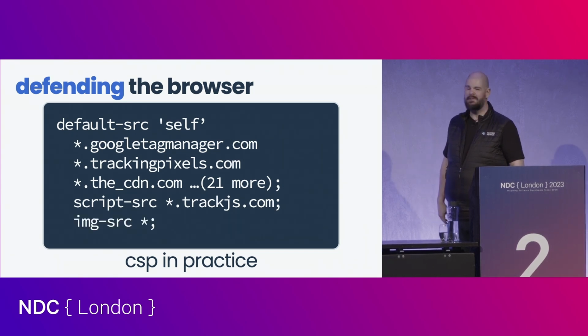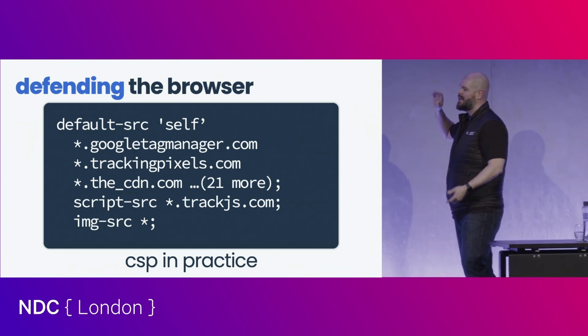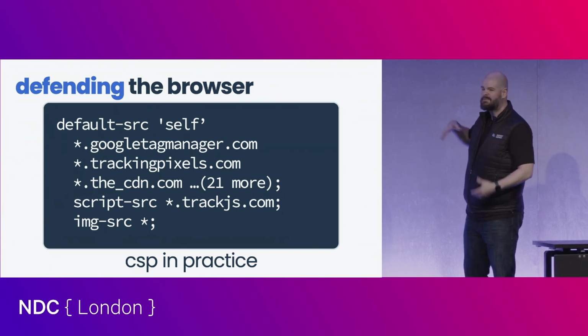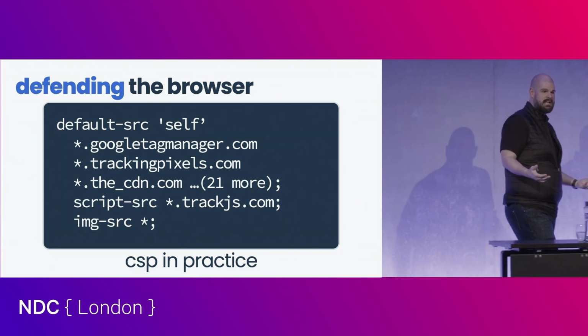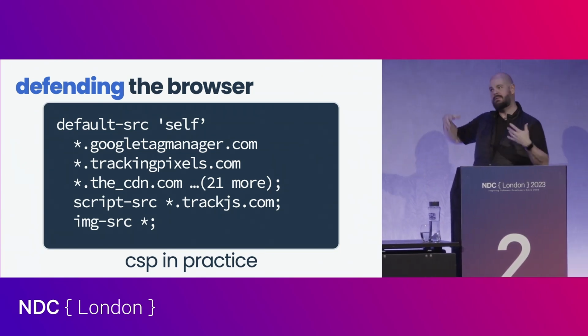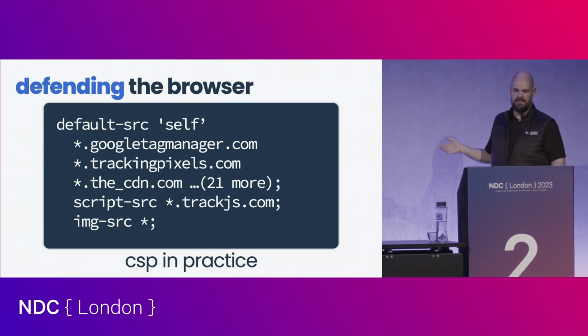Oh, and then I just want to be able to load images from anywhere. Just don't even restrict me. And by the time we're done, this thing is huge, and it's changing. And every other day, somebody is requesting us to add something else. And it becomes very difficult to manage, very difficult to maintain. Are you reviewing every one of these domains as you're adding it? Or does it just become another chore, where we ultimately just npm install whatever domain we wanted to put in it?